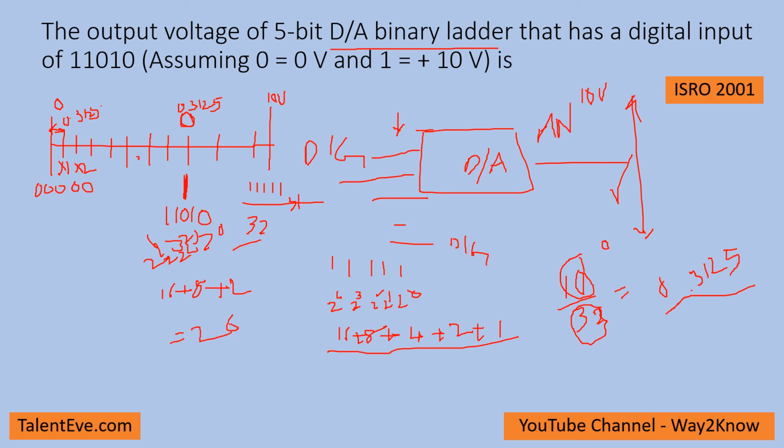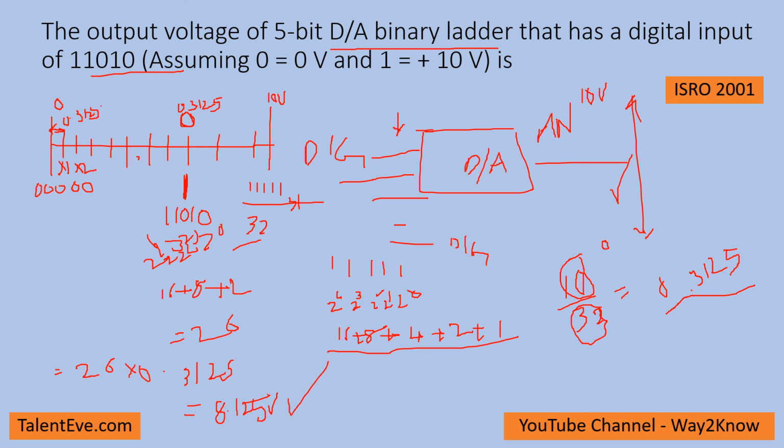So that means 26 times this resolution, 26 into 0.3125, which is nothing but 8.125 volts. This means this particular digital value represents 8.125 volts.